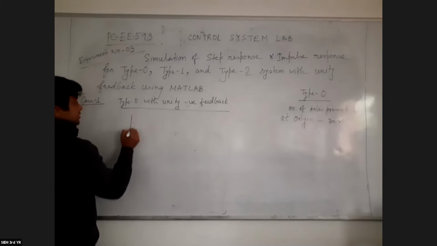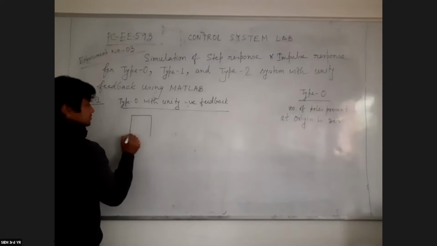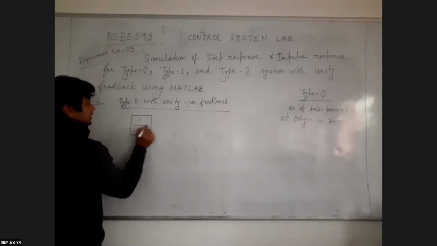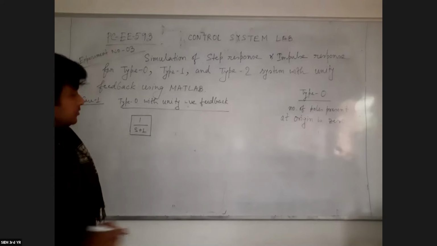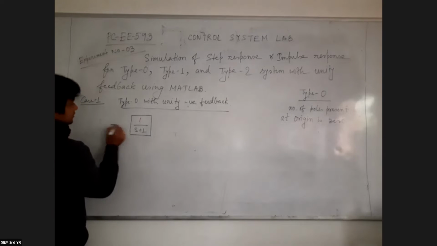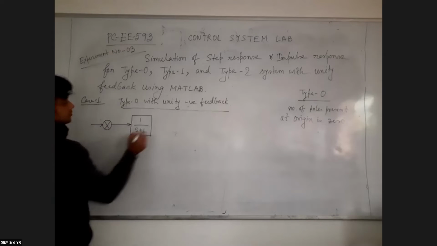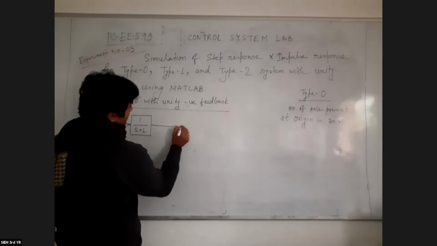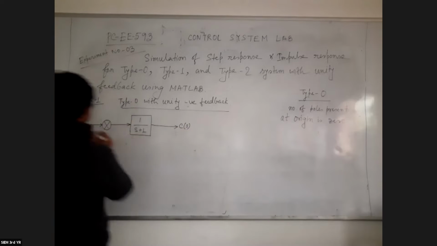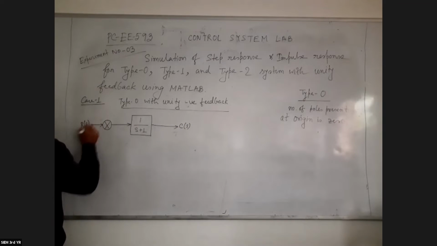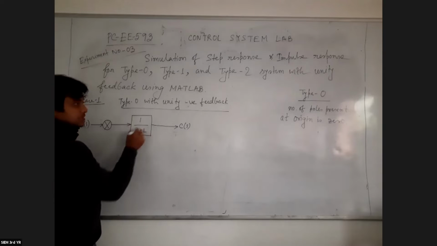Let an example of type 0 be 1 by s plus 1. Here we give a comparator, and then we have the output C(s) and the input R(s). So this is a type 0 system.